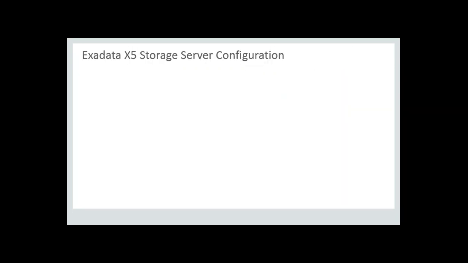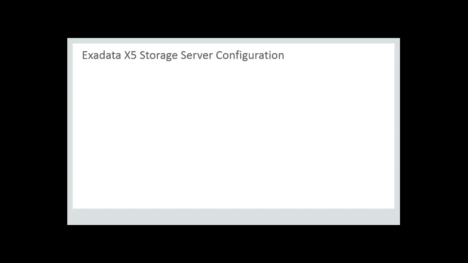Now let's move to the storage server. As I said earlier, the Exadata machine is a combination of your database server, your storage server, and the network, all three combined in a 42U rack. Just before this slide, we saw the database server configuration.